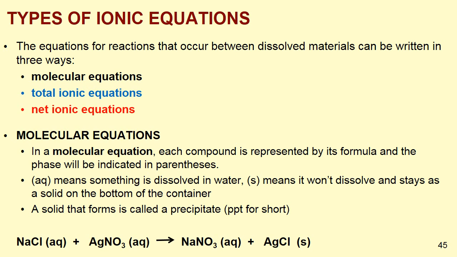This just means that it is solid. It's a precipitate reaction. A solid has formed and cannot stay dissolved anymore. So in that case, the Ag and the Cl are stuck together even when they're in water.